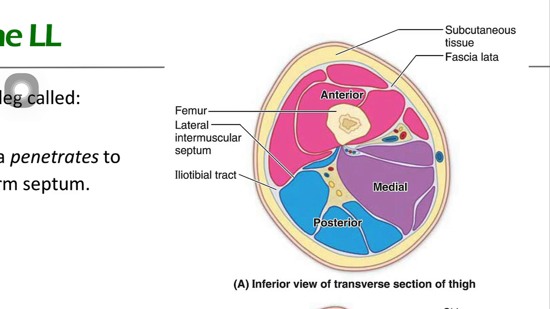In either limb we have compartments. Upper limb we have 2, lower limb we have 3. This one refers to the anterior compartment. As you can see here, these are the septa formed by the fascia. You can feel the difference when you do dissection. This one is very tough.